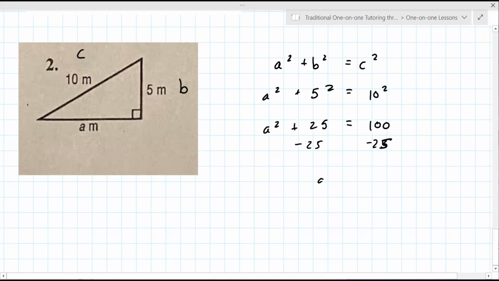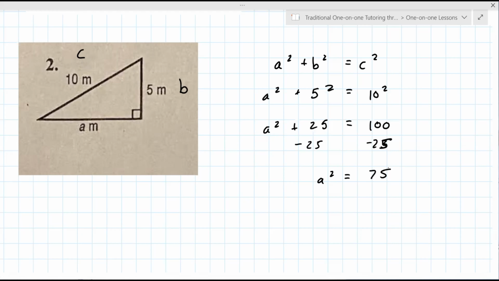So you do 25 times 25 still, right? No, you subtract. 5 times 5, 25. 100 minus 25, 75. A squared equals 75.